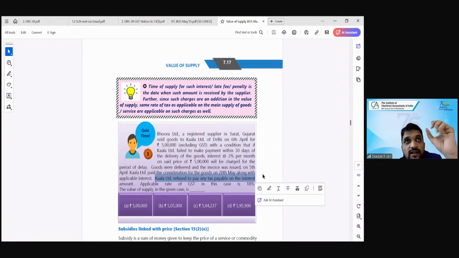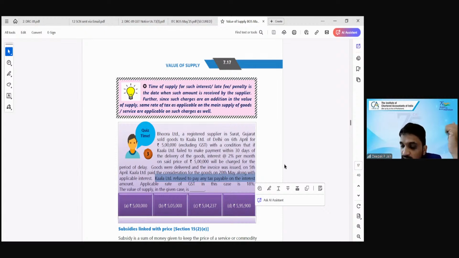Which means what? The value of the interest, what you have calculated, has to be grossed up. So, you are collecting a total amount of 5,000. You cannot collect anything above that. That 5,000 itself includes the tax component. So 5,000 is the net value. You have to gross it up.